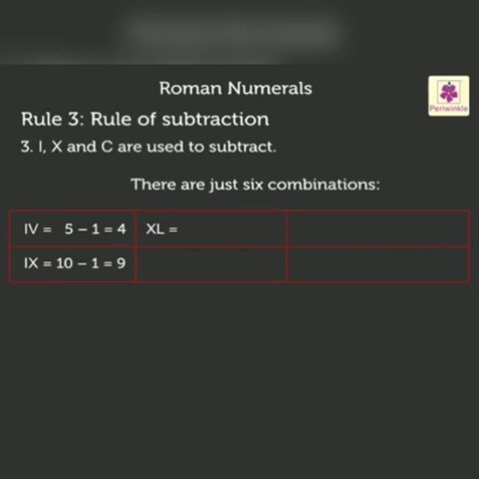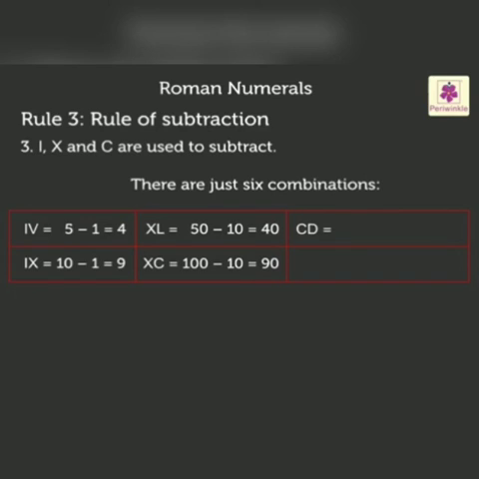XL is equal to 50 minus 10 is equal to 40. XC is equal to 100 minus 10 is equal to 90.